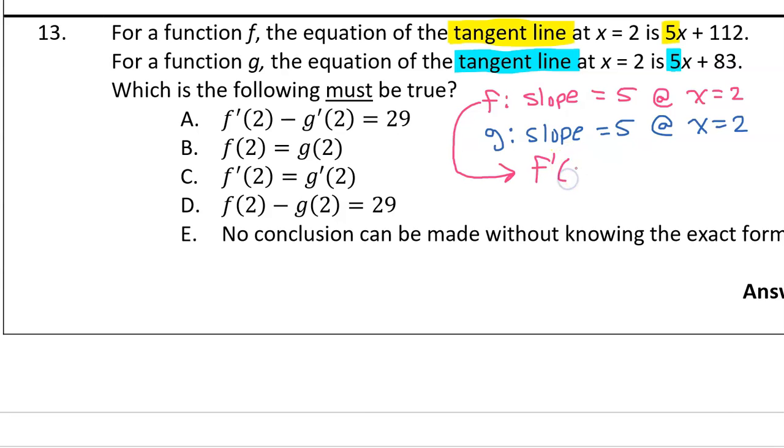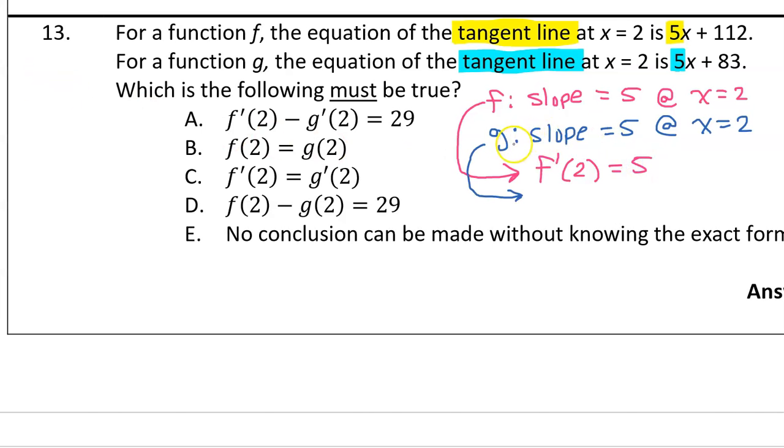So f prime at 2 is equal to 5. Similarly, for function g, if the slope is 5 at x equals 2, that means that the derivative, g prime, is 5 at x equals 2. So both of these statements are true.